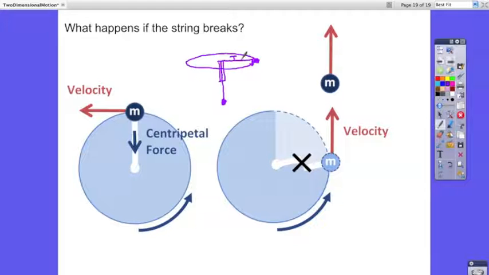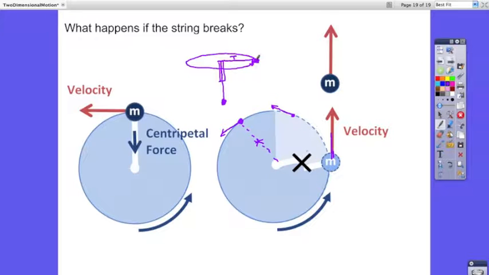Well, what happens if the string breaks, if there's no longer a force acting centripetally on that mass? Well, it continues to move in whatever direction it was moving. And remember, if an object's going in a circle, its velocity at any given instant is tangent to that circle, perpendicular to a radius. And so if the string broke over here, the object would move off in this direction. If the string broke here, and the object is moving like this, it would continue to move like that.